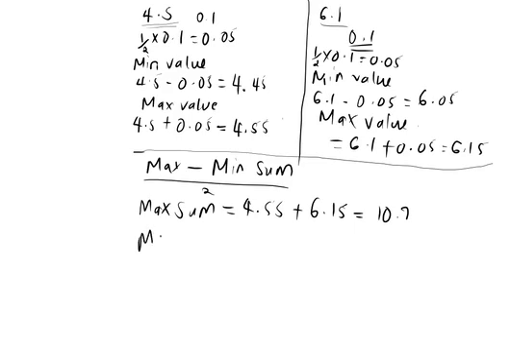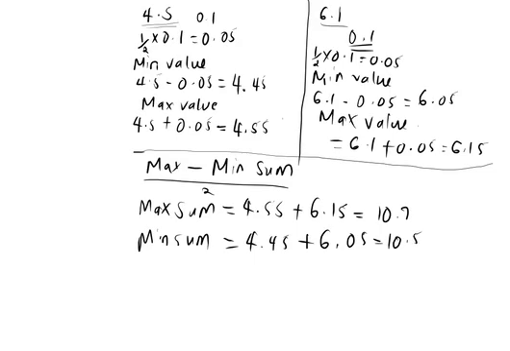The minimum sum will be given by the minimum value of 4.5 plus the minimum value of 6.1, which is 4.45 plus 6.05, and this gives us 10.5.